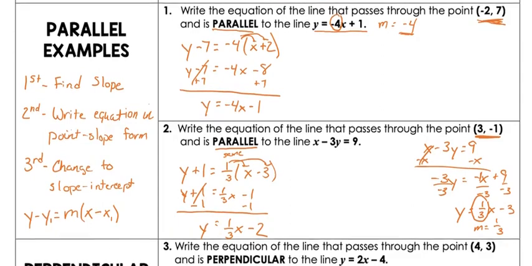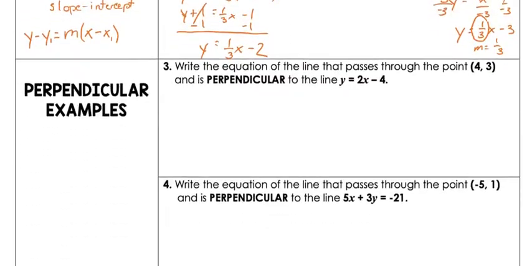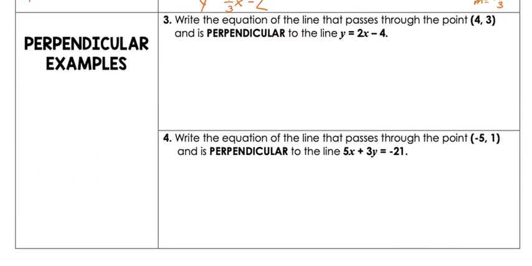Okay, so if I know how to do parallel, let's take a look at perpendicular. So in number 3, write an equation of a line that passes through the point 4, 3. That's what I'm going to have to use in my point slope formula. And is perpendicular, remember, opposite reciprocal to the line y equals 2x minus 4.